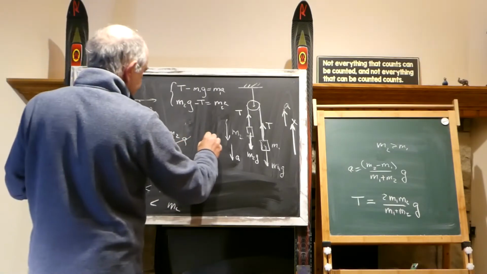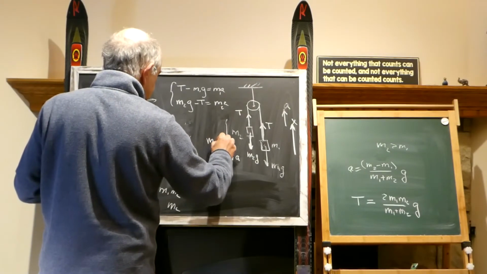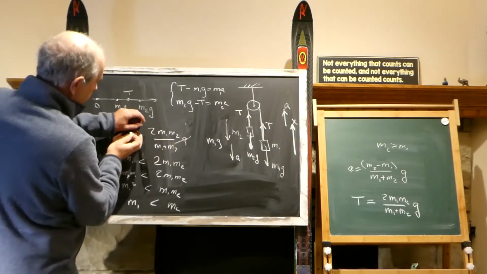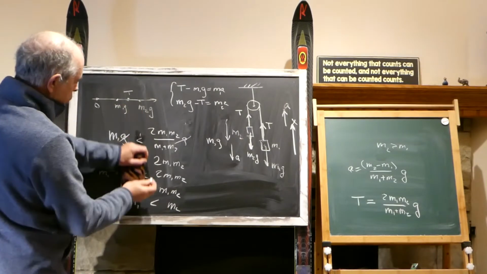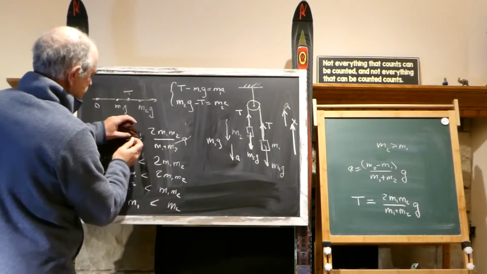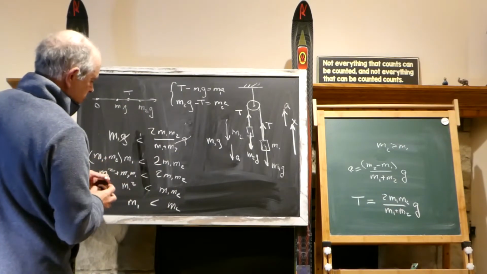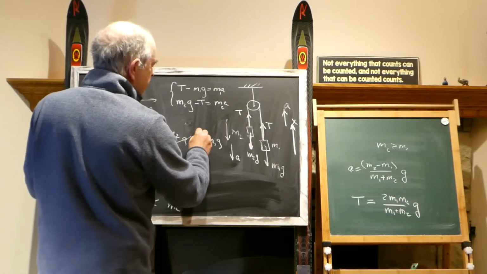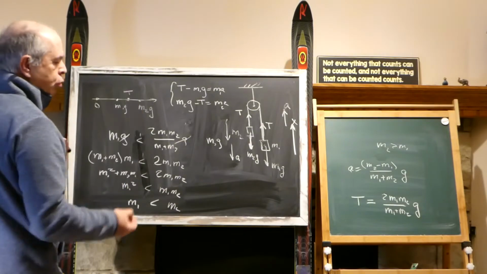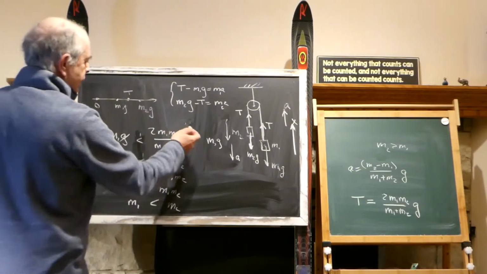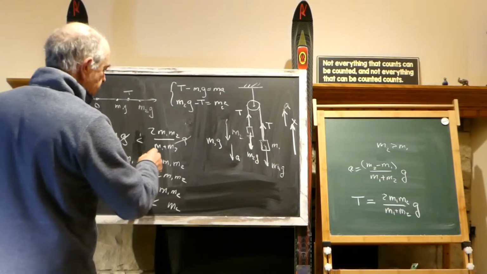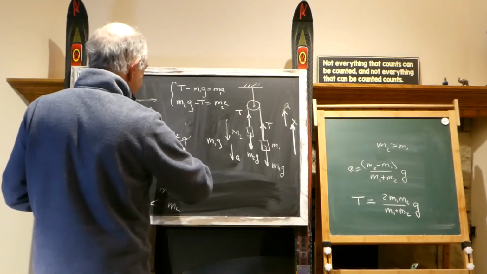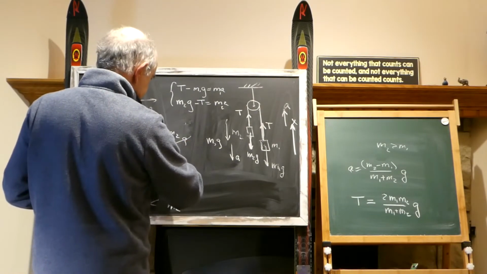And likewise, I can compare this with M2G. I multiply both sides by this bracket.